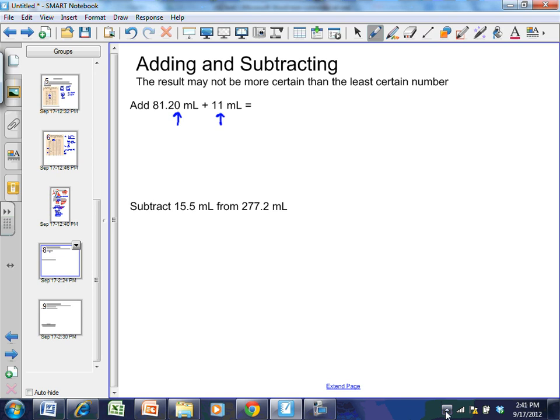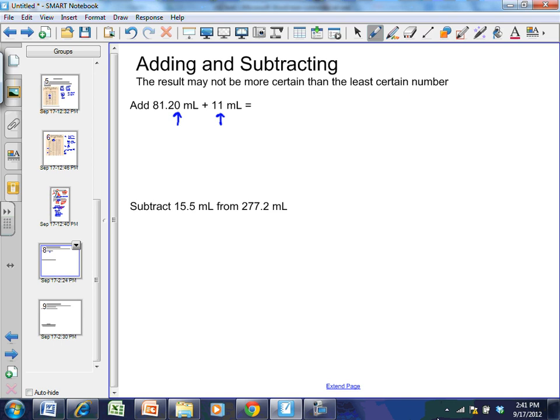We know that it might be like 10 point something or 11 point something, but it might not be 11 exactly. So because the uncertainty is in the ones place, which is a lot more uncertain than a measurement to the hundredths place, we have to provide our answer to the ones place.